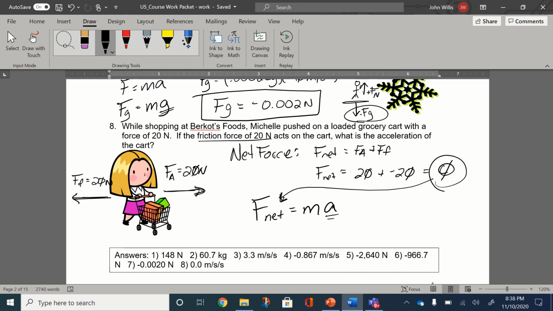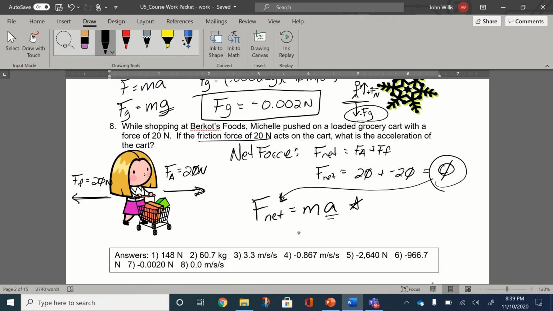Now, this leads to a question that a lot of us are going to miss on the exam. If I were to ask you, and take a second to think about it, if the cart has no net force acting on it, what is the cart doing? The first thing that usually comes to people's minds is it's not moving. And that's only half true, right? It can be moving.